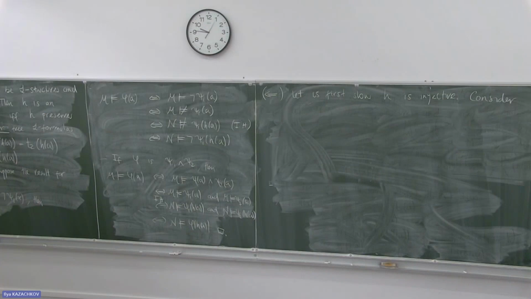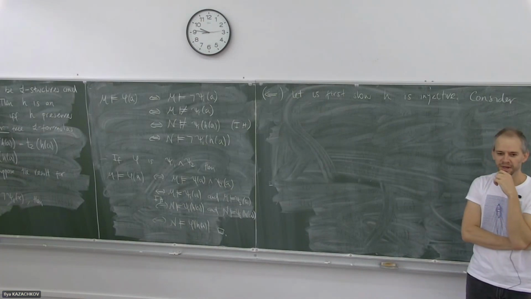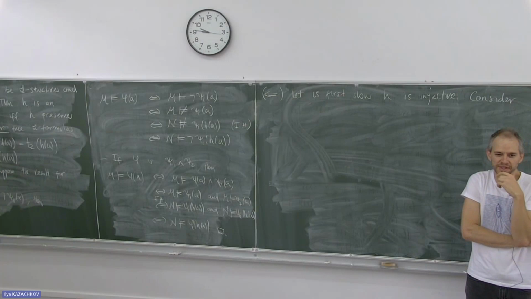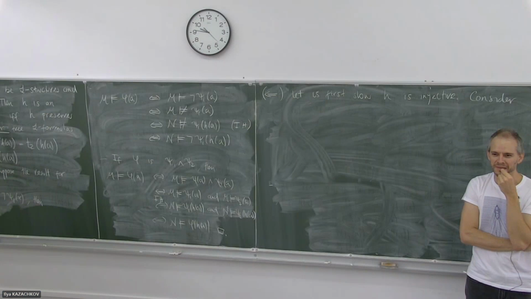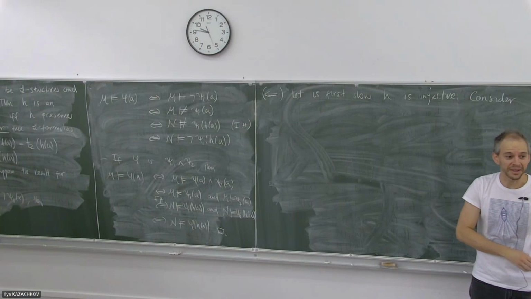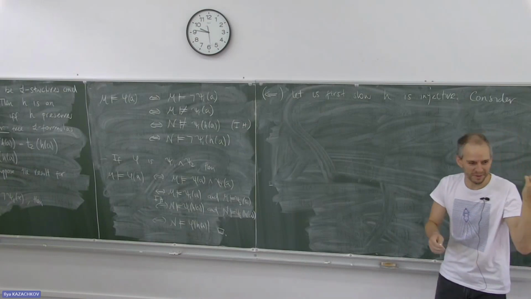So we're assuming this map preserves all quantifier-free formulas. Whatever quantifier-free formula you give me, it will preserve it. So how should we prove this map H is injective? Yes, but which formula? If I take just equality, it won't work. A doesn't equal B. Exactly, but with variables, but yes.